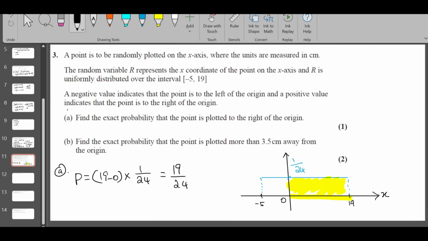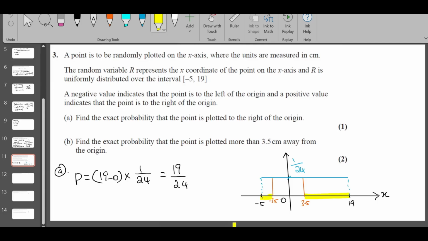Part B now, find the exact probability that the point is plotted more than 3.5 centimeters away from the origin. Okay, 3.5 centimeters is here. Let's say minus 3.5, and this is positive 3.5. So now they are saying the point is more than 3.5 centimeters away, so you plot the point anywhere here or here.